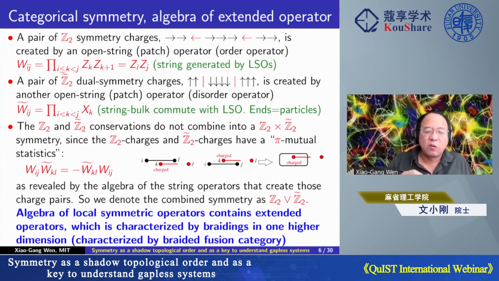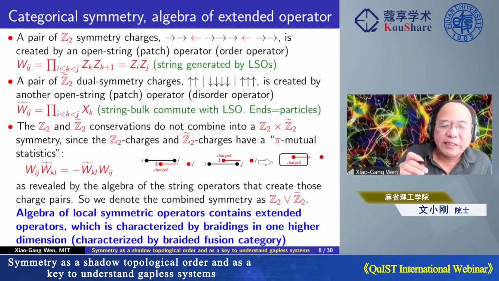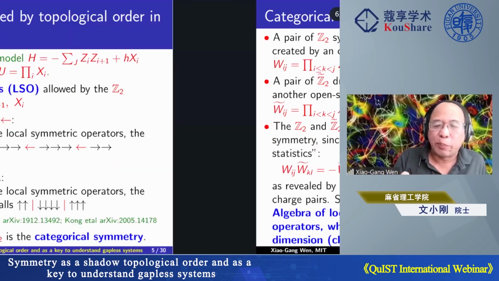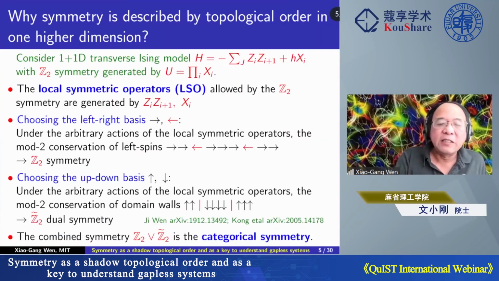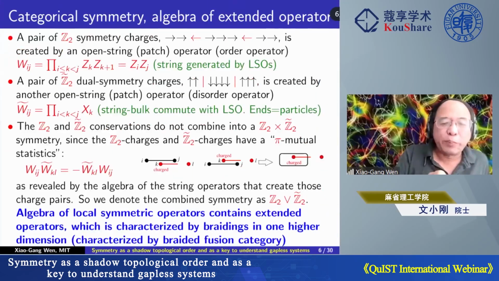So in general, this is just an example, but this example demonstrates two general features. One feature is that the algebra of these local symmetric operators actually contains extended operators like this string operator. They are actually products of these local symmetric operators.